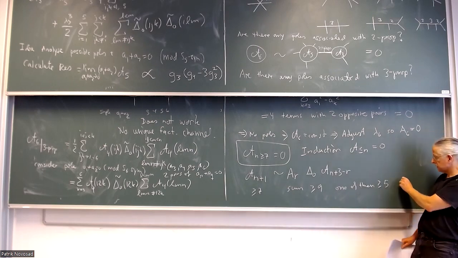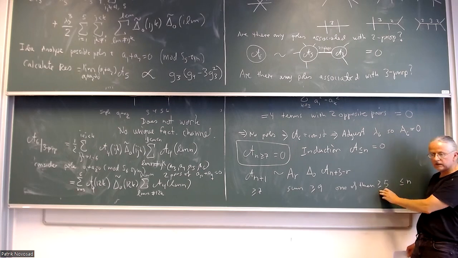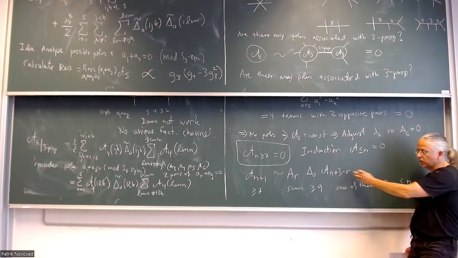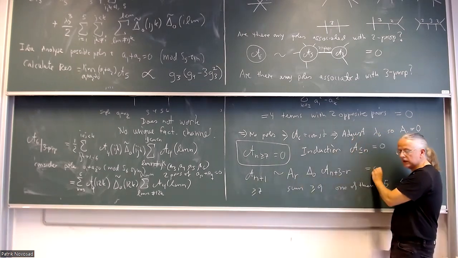And both of them are smaller than n here. So we know by induction that this is already 0. So at least one of these two is 0, and therefore we can get this.